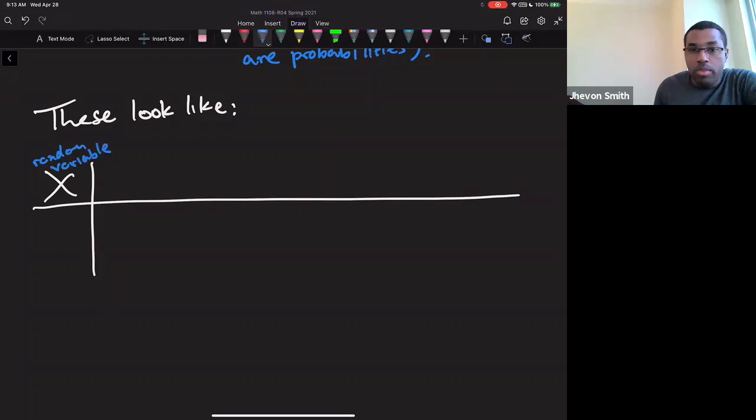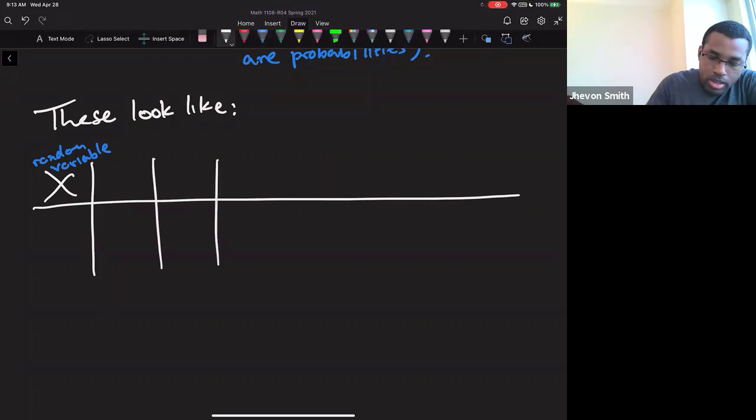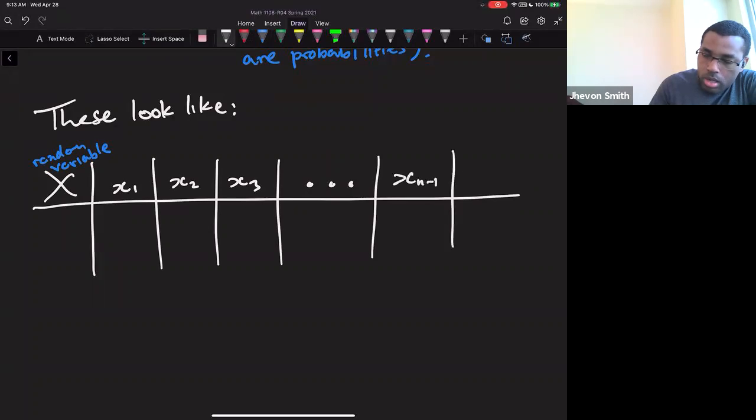Remember, the random variable describes possible outcomes, but it describes them as numbers. So it'll have a bunch of numbers that you can put here. Let's say output can be x1 or x2 or x3, up to xn minus 1, xn. So it has n possibilities.